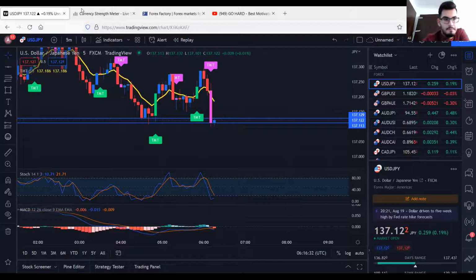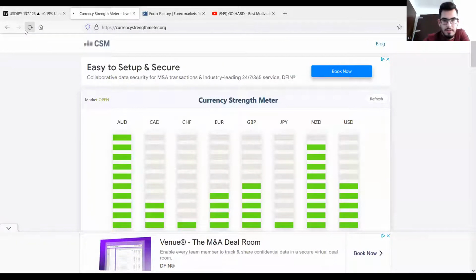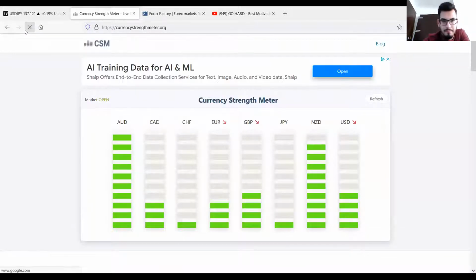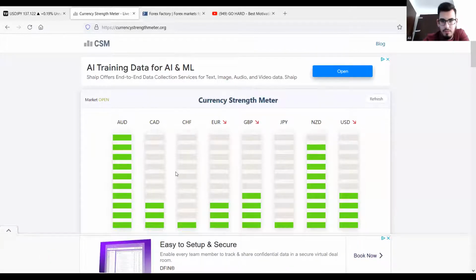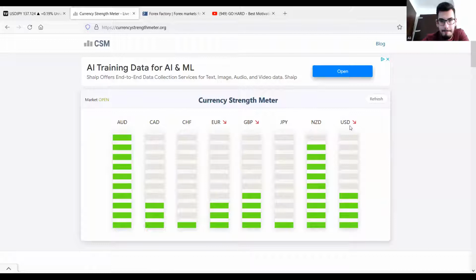All right. Now let's check the currency strength meter to look at another currency pair. We looked at AJ. We looked at USDJPY. Let's find another pair that we can look at. Here, everything is weak, except AUD and NZD.